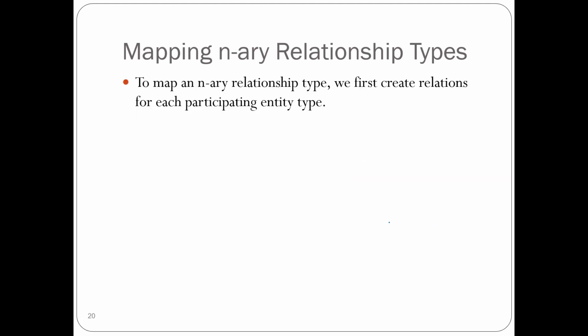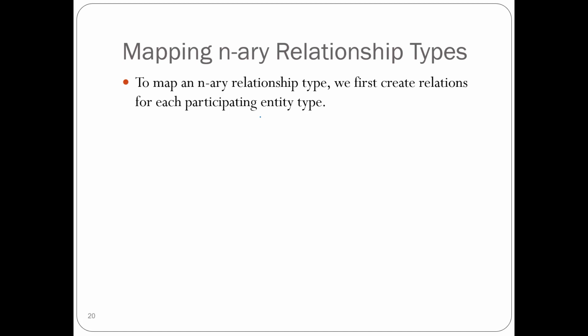What we will do next, we have seen binary relationships. We started with binary, then we moved on to unary, where you saw the recursive relationships. Now we are going to the higher order n-ary, and there we will have in fact ternary relationship types involving three entity types.